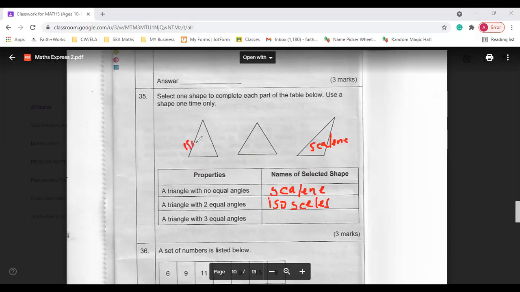Right, this is the isosceles here. And a triangle with 3 equal sides is called an equilateral, and this is the equilateral triangle here. Easy peasy.